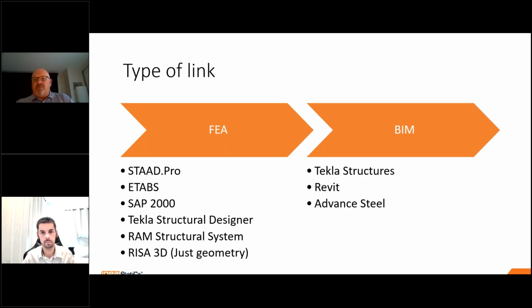And then we also go over to the BIM or detailing side. That's where we would be talking about Tekla Structures, Revit, Advanced Steel. I know the one thing that's missing from that list right now is SDS2. We are definitely working on that solution to link with that, and hope to have that in the very near future, as we're partnering with them quite a bit on it.